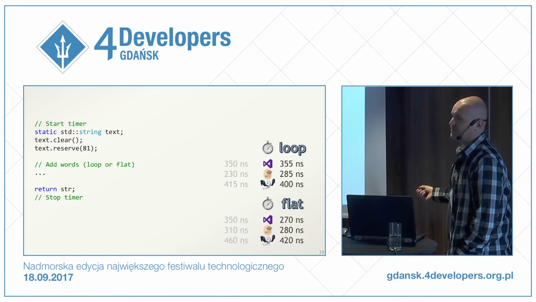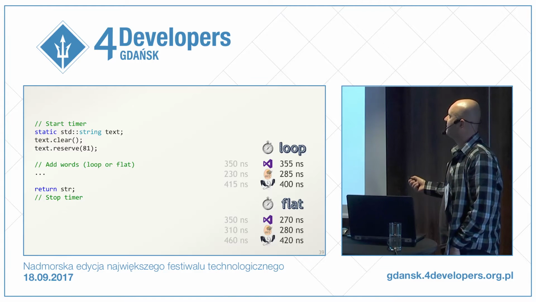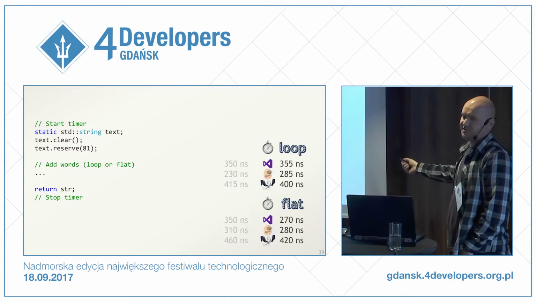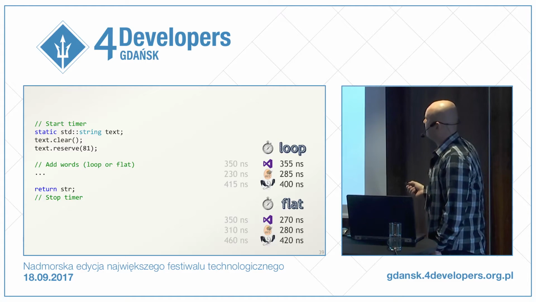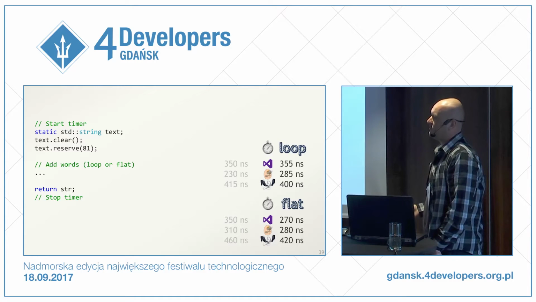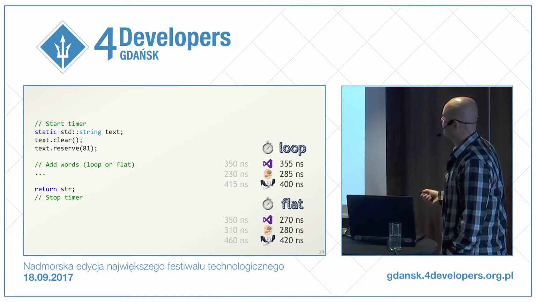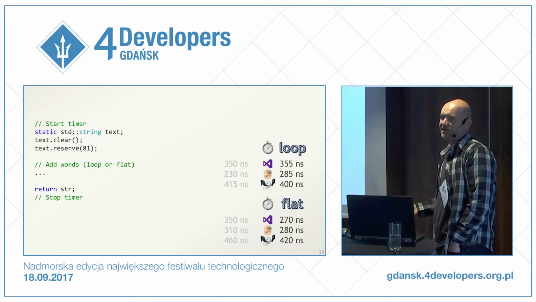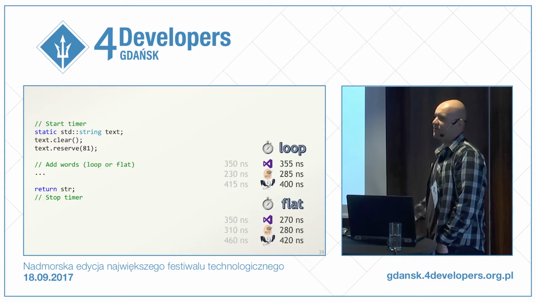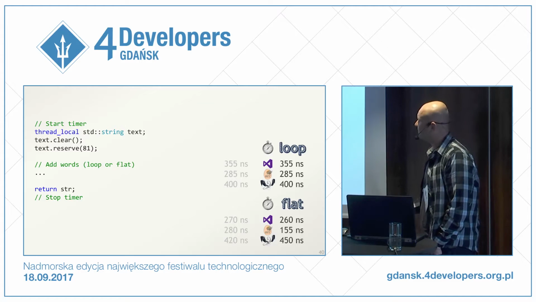But you have to be aware of those numbers. I did not lie in those numbers, I printed what I got. However, they may simply not be accurate, especially when we allocate memory. So if you see 230 here and 285 here, it's possibly not so important. It's slower, but in some different context, it may behave better.